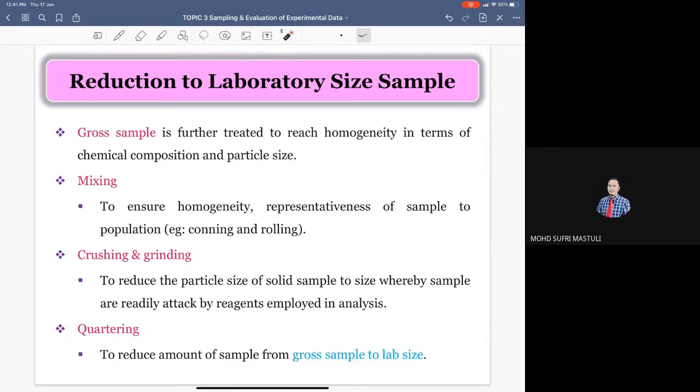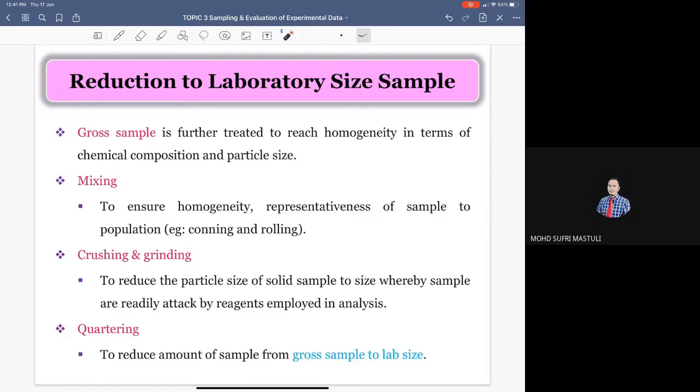So we have to crush or grind the gross sample to reduce the particle size of the solid sample, so that the smaller particles are ready to react with the chemicals that we include during the analysis.